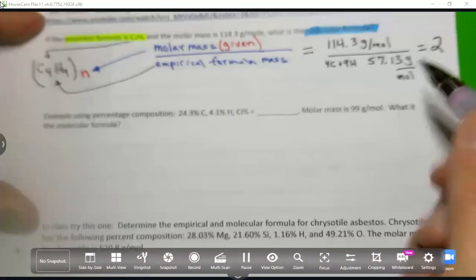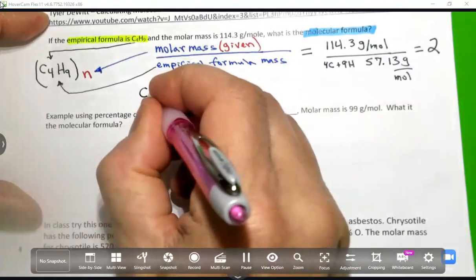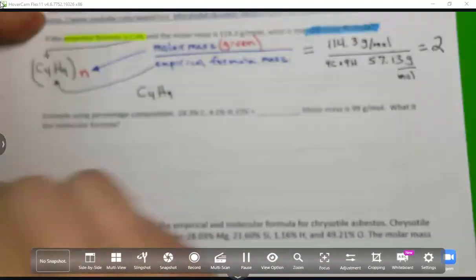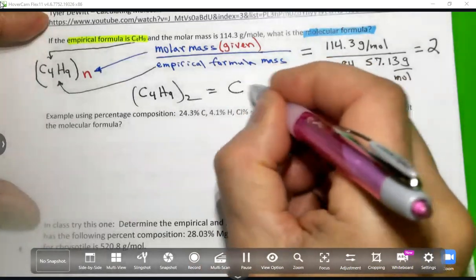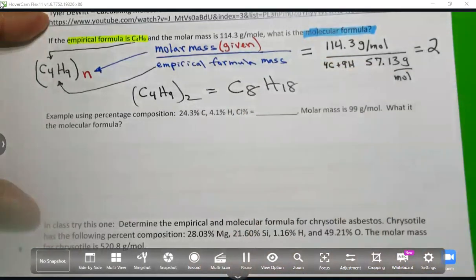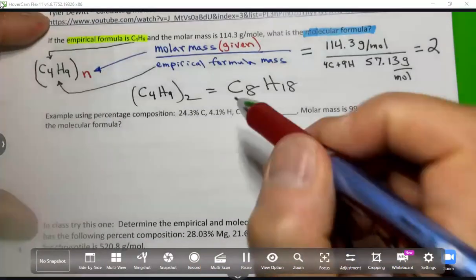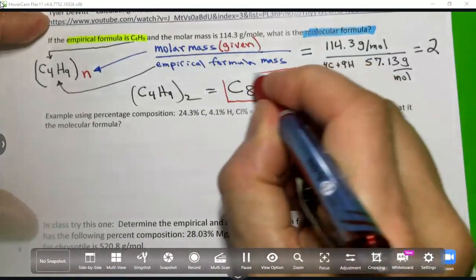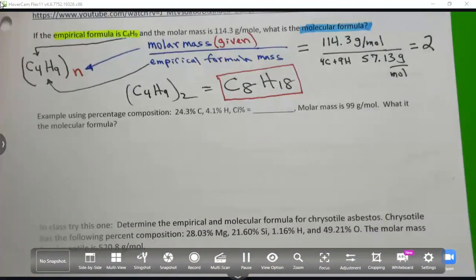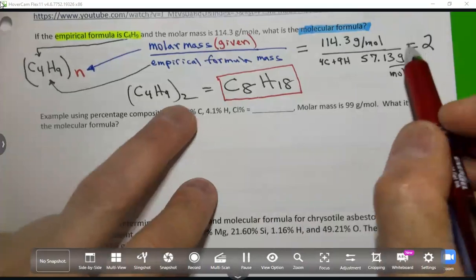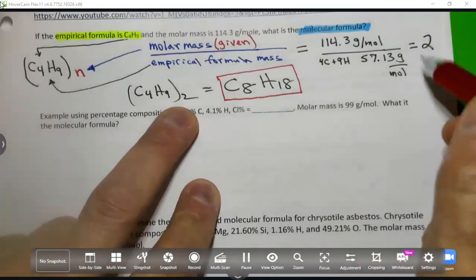Our multiplier is 2, we have C4H9, so we get C8H18. We just multiplied this by our multiplier.